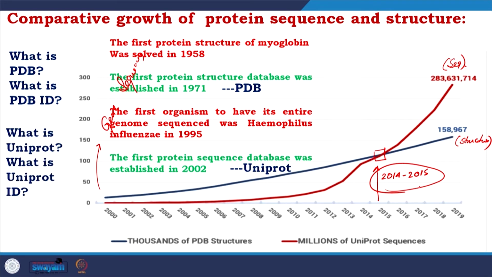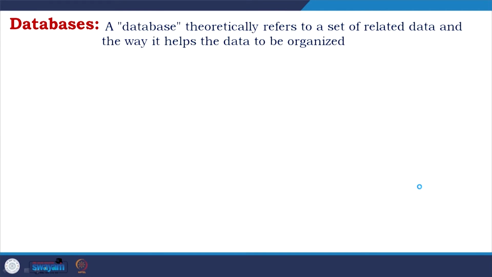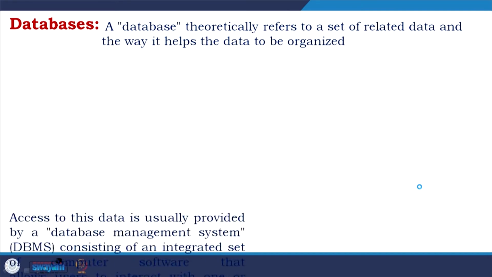Before coming to these databases, let us know about the database. What are databases? A database theoretically refers to a set of related data and the way it helps the data to be organized.